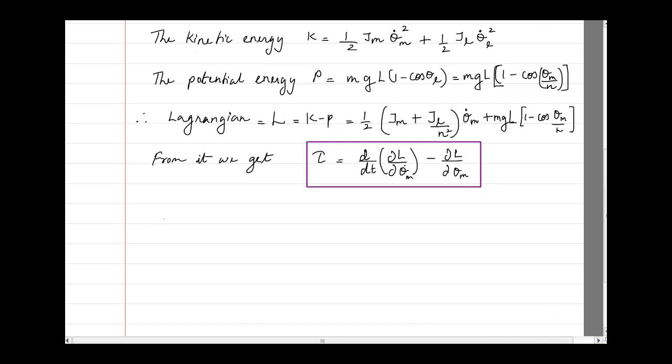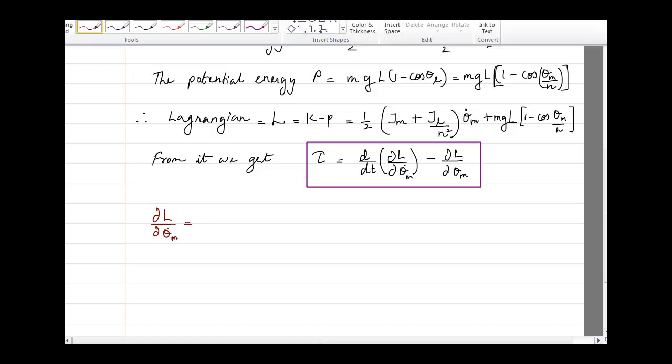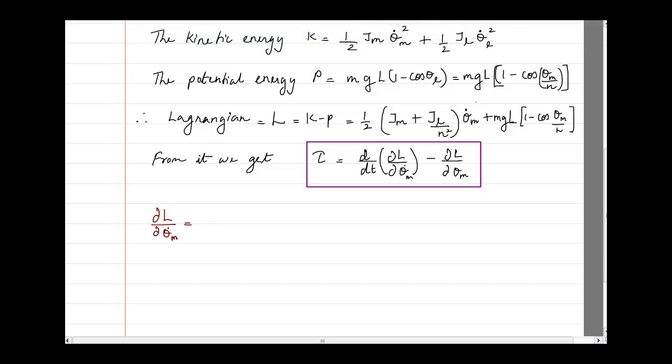So now I will get dou L by dou theta m dot. Only the first term will be there. I have forgotten to write the square here, sorry. So this is square.